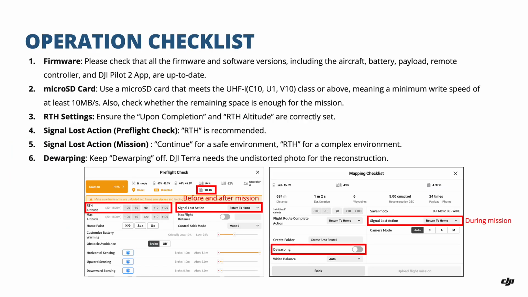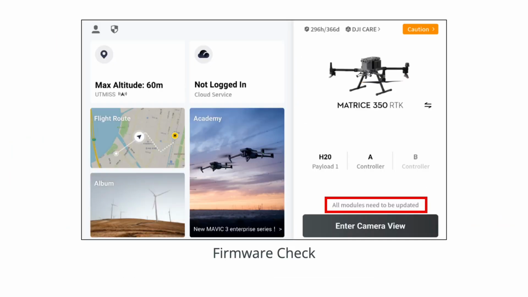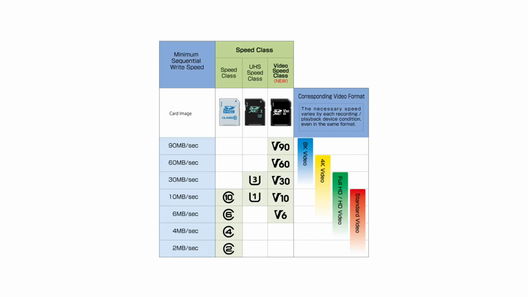Before executing the mission, there are some important items you need to check. First of all, make sure all the firmware of the aircraft, battery, payload, remote controller, and DJI Pilot 2 app are up to date. You can check on the homepage of Pilot 2. SD card.